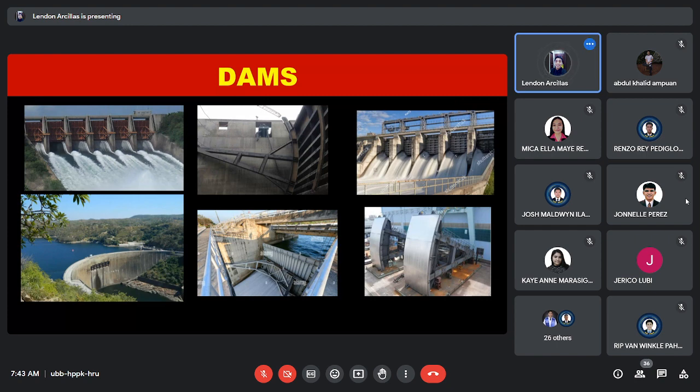Okay, gets yun? Dahil may weight yung tubig, kaya nagkakaroon tayo ng hydrostatic force acting on the gate. So, may nagpo-push dito sa gate natin. That is what we call the hydrostatic force. And the location of that hydrostatic force is below the center of gravity, or what we call the center of pressure of the gate. Gets yon?